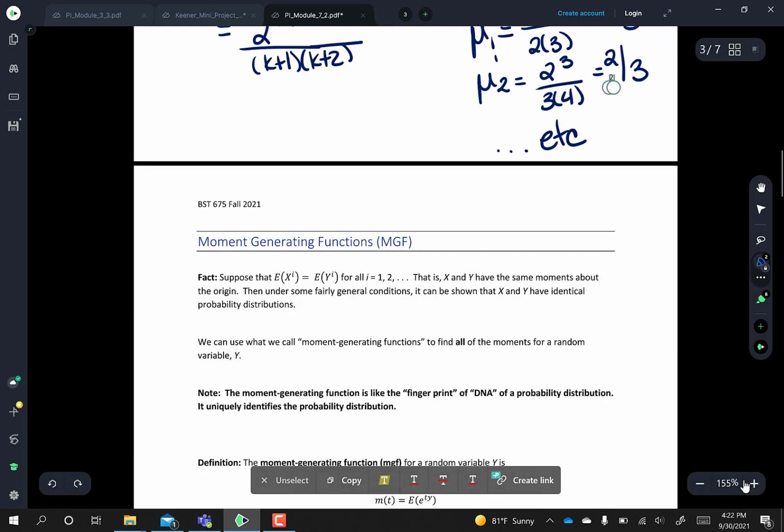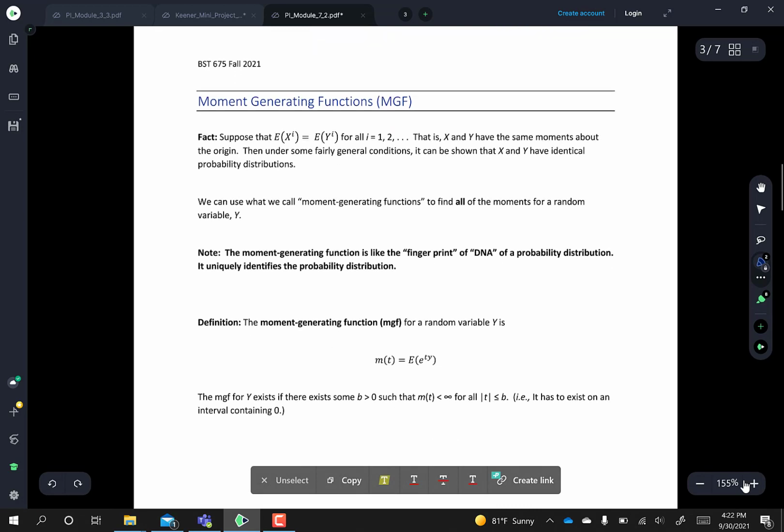And so that leads us to this idea of the moment generating function. So suppose that the expected value of x to the i is equal to the expected value of y to the i for all i, 1, 2, all the way up to infinity. So in other words, what that says is x and y have the same moments about the origin. Then under some fairly general conditions, it can be shown that x and y have identical probability distributions.